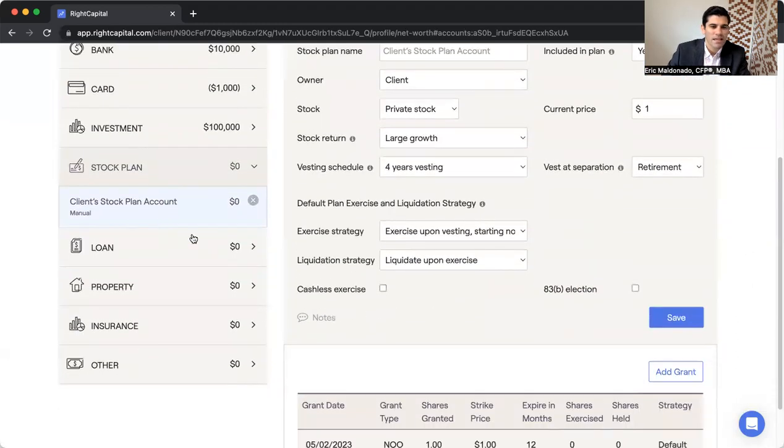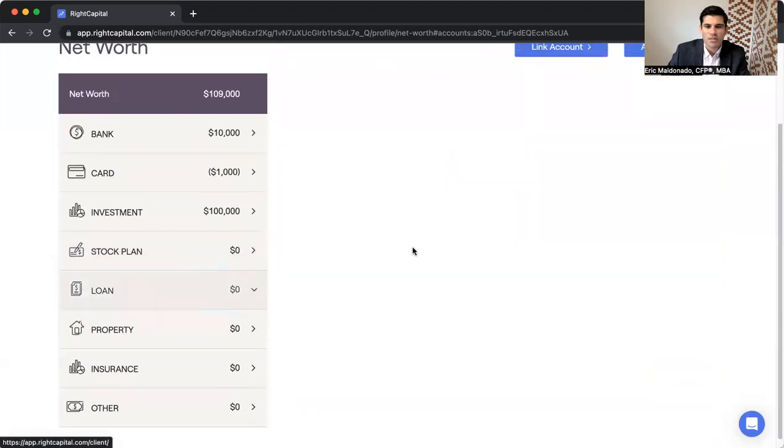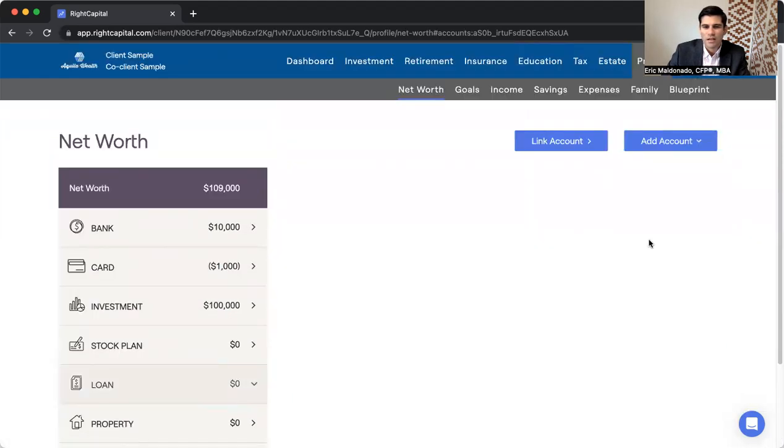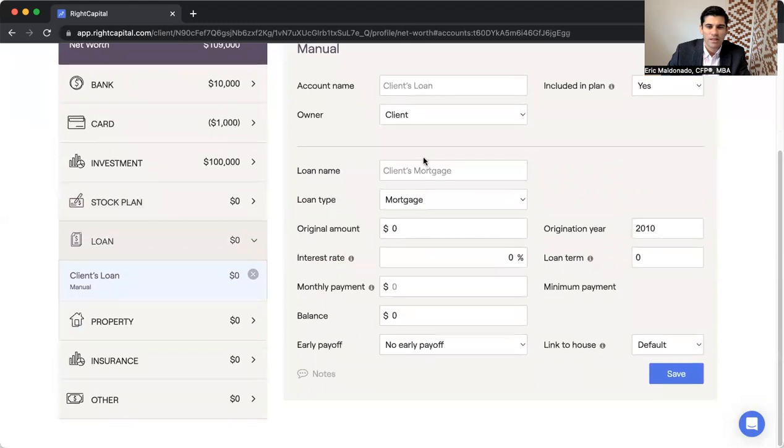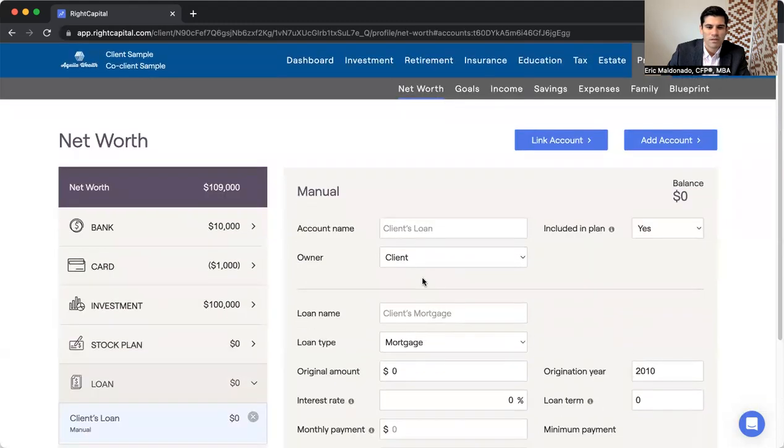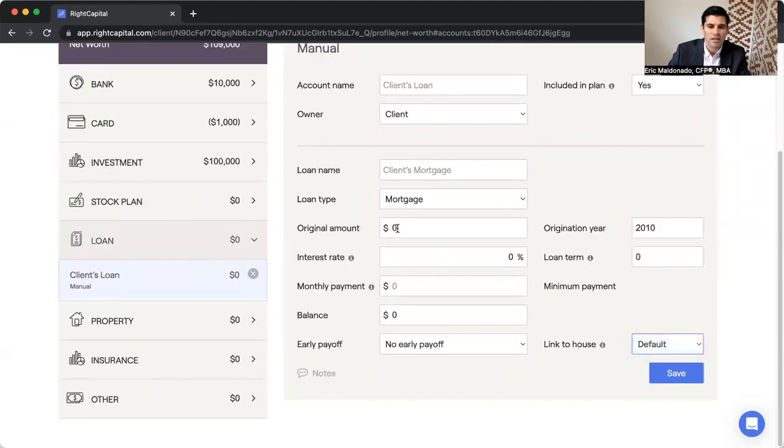And then loans. This is where someone would enter in, like, if there's a mortgage, for example. Let's just say it's their mortgage and it's got $450,000 left, or the original amount was $700,000. That was the original amount of the home value from a couple years ago.